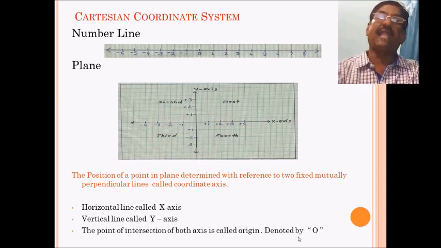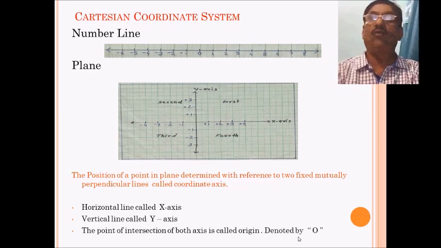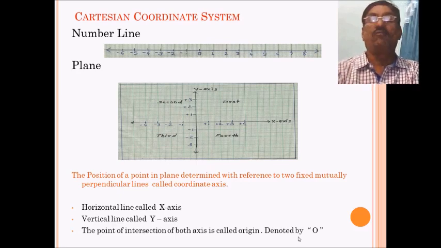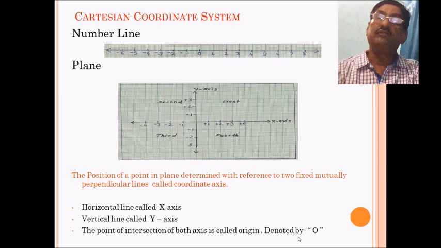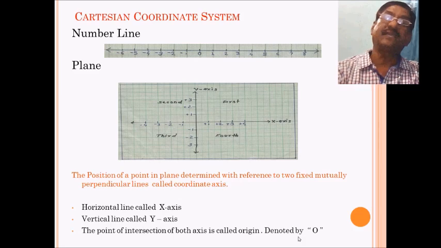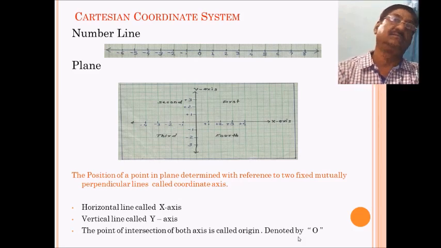The horizontal line is known as the x-axis and denoted by X'OX. The vertical line in the plane is the y-axis, denoted by YOY'. The positive side of the x-axis is OX, and the negative side of the x-axis is OX'.